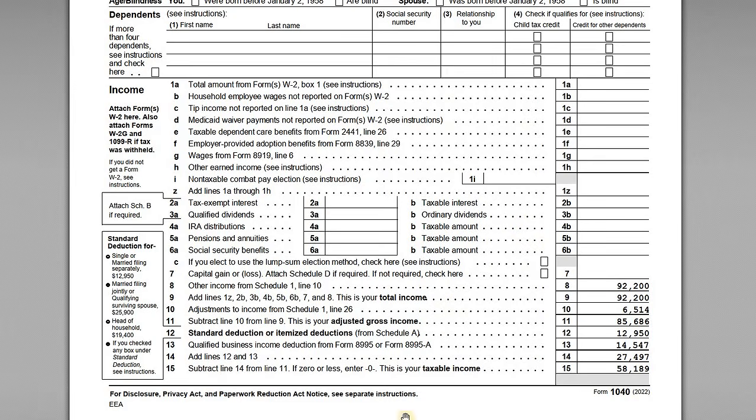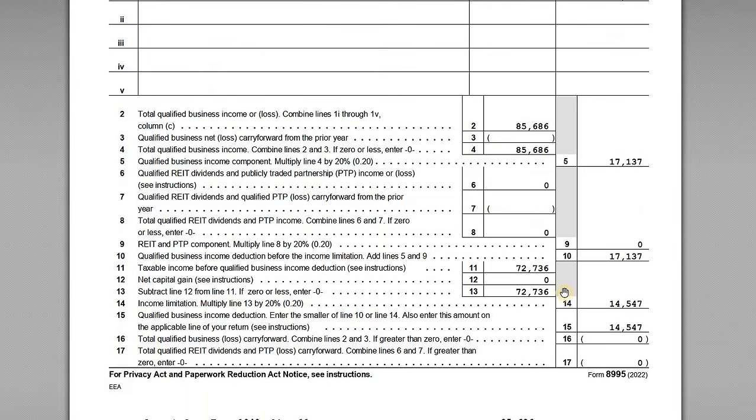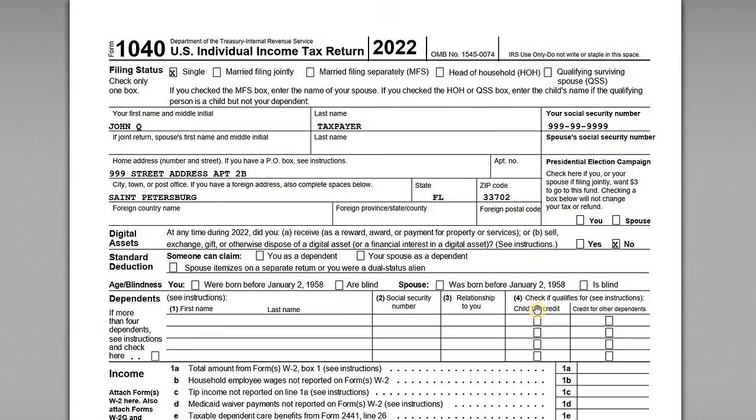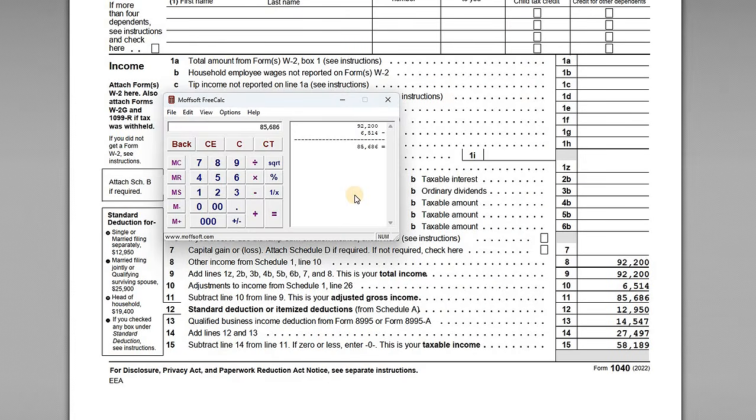Well, the taxable income before his QBI deduction, notice the amount here is $72,736. Well, how do we get that figure? So if we go back to page 1 of his 1040, we can see here that John's total income, he's got a Schedule 1 deduction, and his AGI is $85,686.